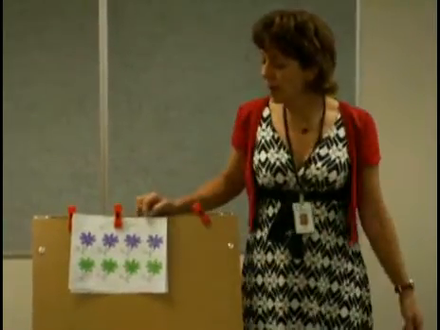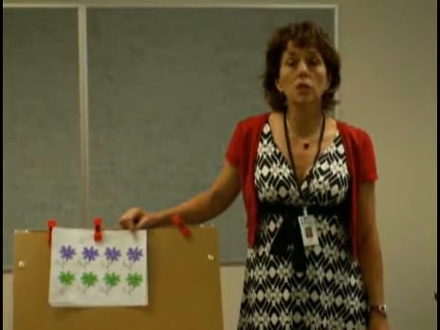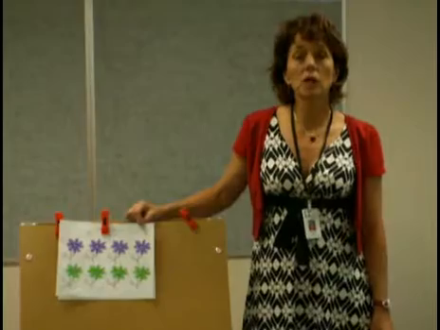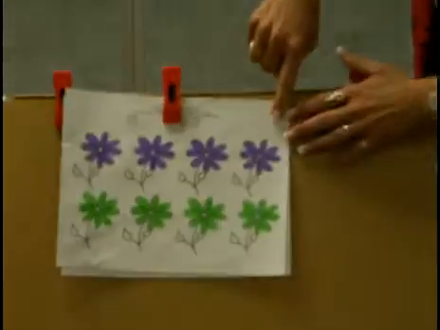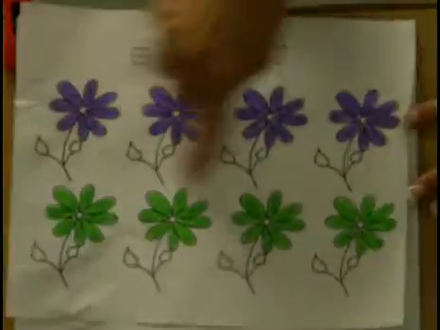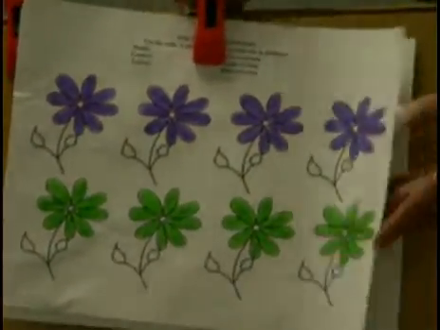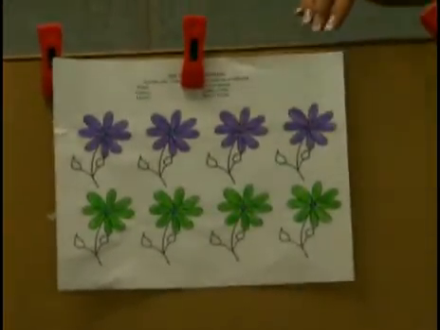You're going to start by having them color all of the petals on 4 different flowers purple, and all of the petals on 4 flowers green. So if you look at the example, it would be 4 flowers have all purple petals, 4 of the flowers have all green petals. The next step would look like this.